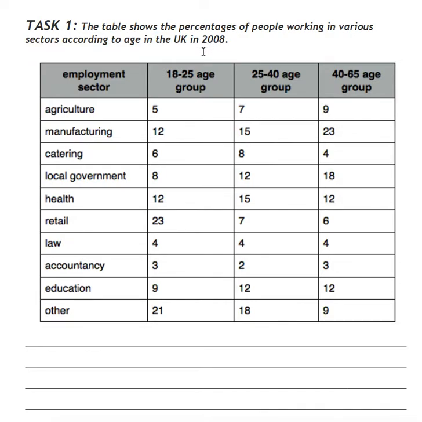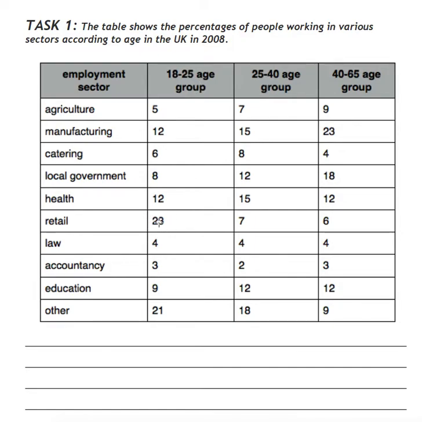So I'm guessing that we need to compare the jobs that the 18 to 25 group has with the 25 to 40 and the 40 to 65. We can probably even write 3 short paragraphs. Lots of sectors here, lots of jobs. Okay, but obviously we're going to write about what jobs the 18 to 25 is mostly.